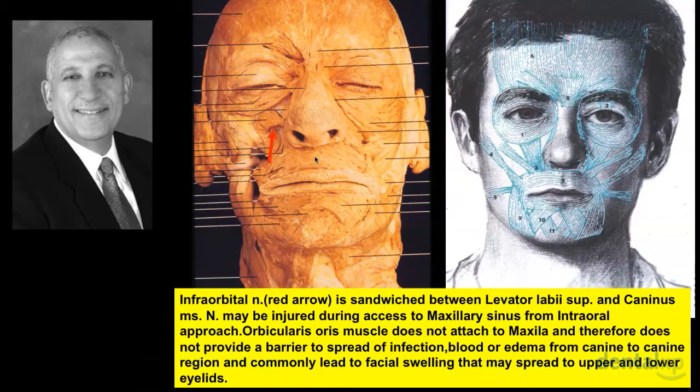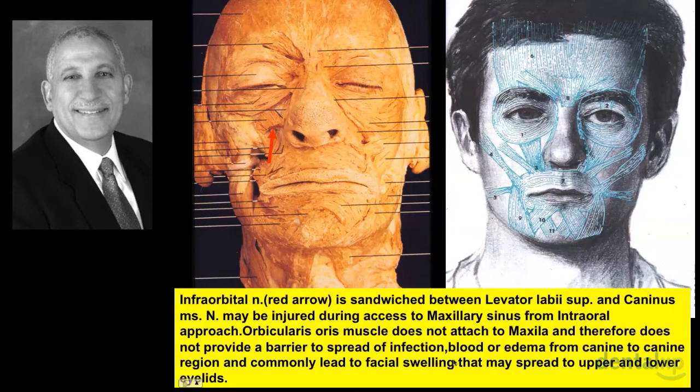The other muscle here is the orbicularis oris muscle. The orbicularis oris muscle does not constitute a barrier because most of it is attached to or within the soft tissue of the lip, and therefore you can get a spread of exudates or pus without any barrier preventing it from reaching below the lower eyelid or the upper eyelid, or causing swelling on the facial aspect of the face.